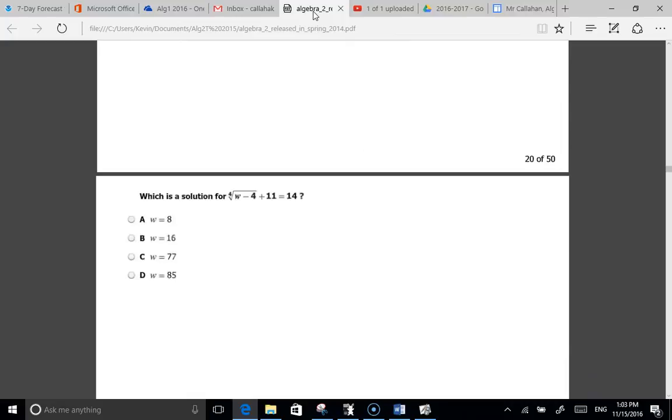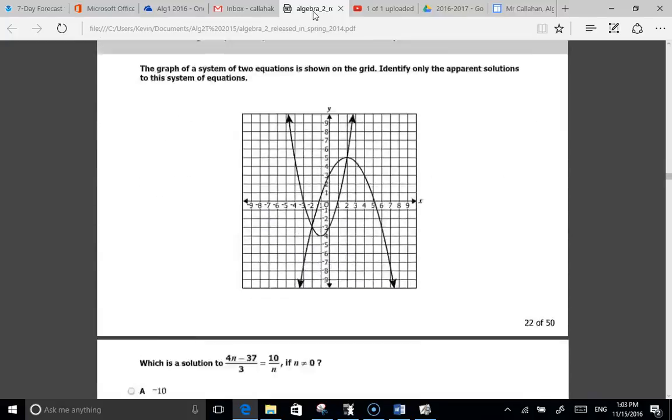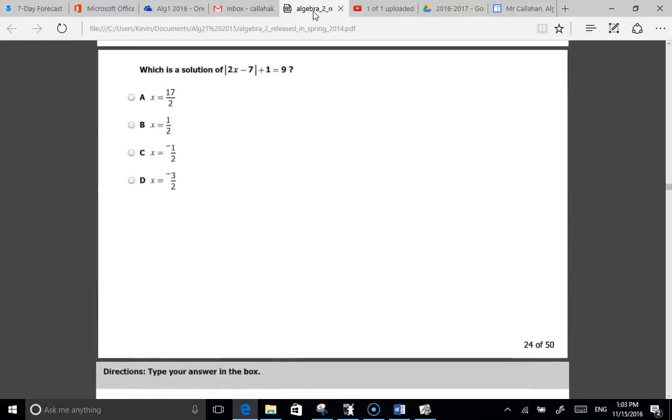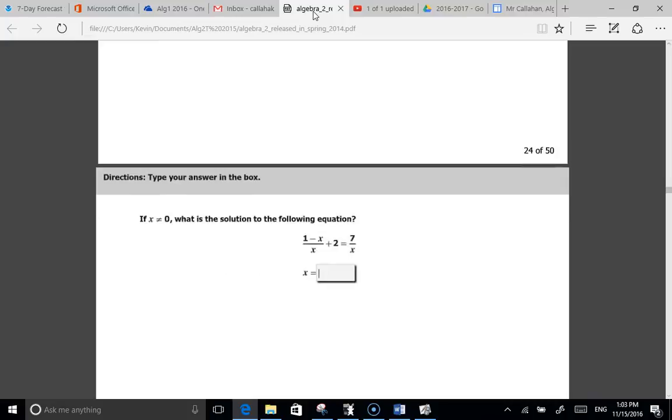There's the subtract 11, raise both sides to the 4th power. And I think that's the end of the radical expressions and equations. And in fact, there's none that are specifically about the graphing. There's one that kind of graph shows up, but it's not actually called that.